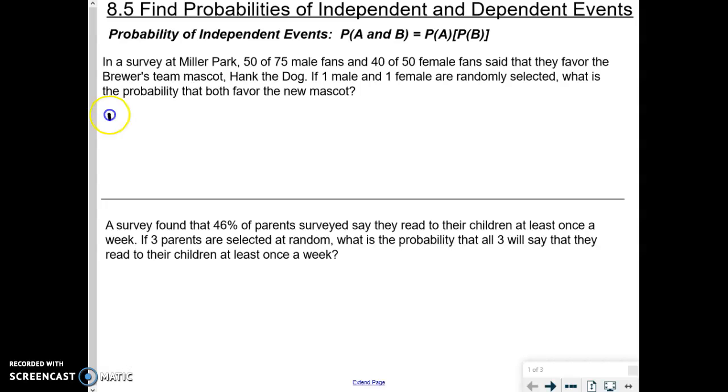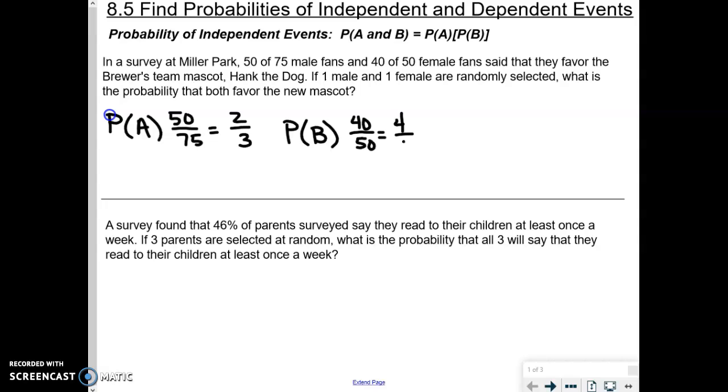So this one we start out with the probability of A being the males. So in this case, the probability of A would be 50 over 75, which I would simplify down to 2/3. We don't need common denominators because we're going to be multiplying, not adding. Then the probability of B I would take as the female fans, which would be 40 over 50, and simplifying that down would give us 4/5.